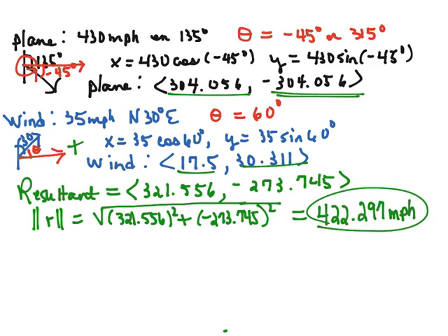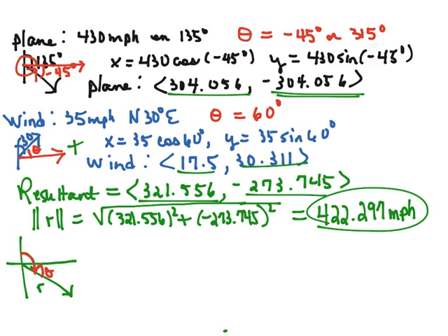And now that we have our resultant vector, notice that it's 321, negative 273. So we've gone 321 to the right and down 273. So this is our resultant R, and we're wanting to find either this angle theta or if we want to write a bearing, we would be measuring from the north around to that resulting line.